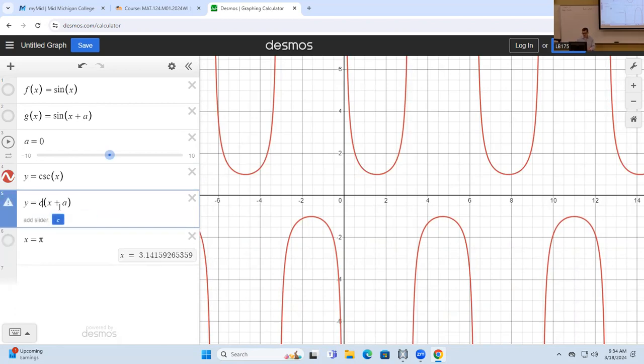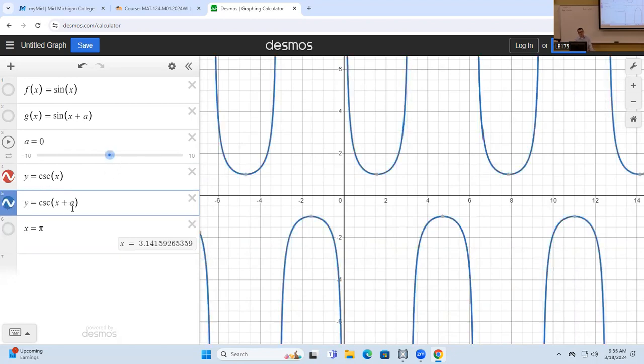Let's figure out the period of cosecant. So there's cosecant, and a cosecant with a shift of A. If A is 0, if there's no shift, they're the exact same thing.